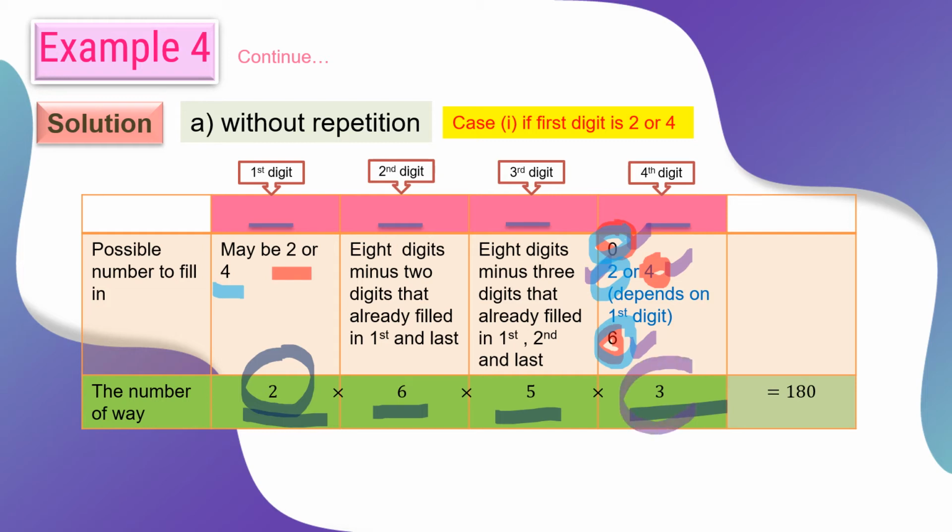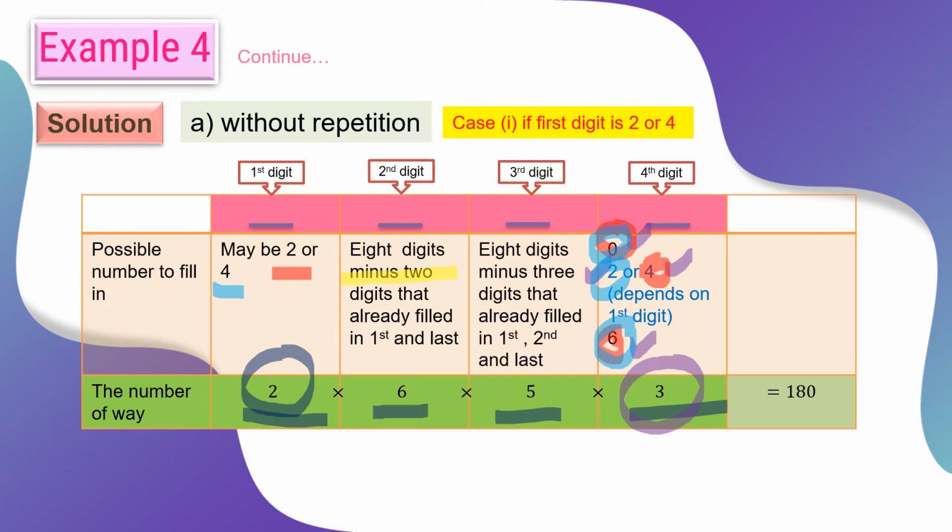Okay, you can put 3 digits here. Understand? So next we go to the second digit. Second digit, as we know, the total we have is 8 digits, but you must minus 2. Why must you minus 2? Because we already filled in the first and the last place.